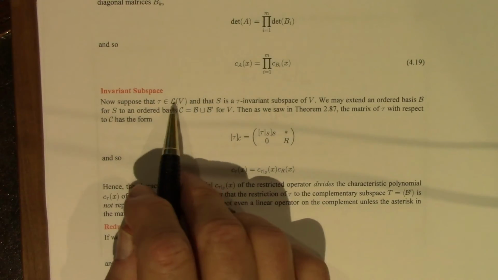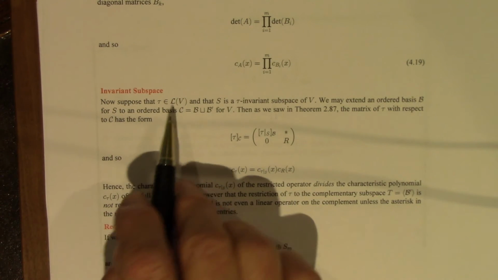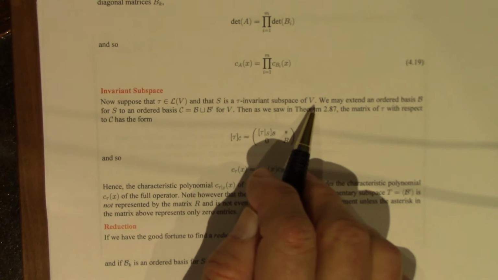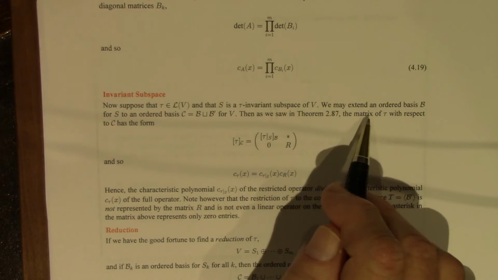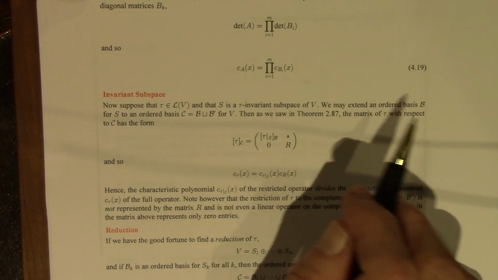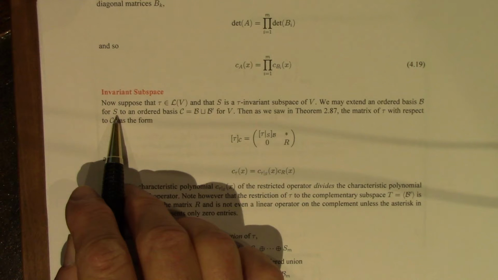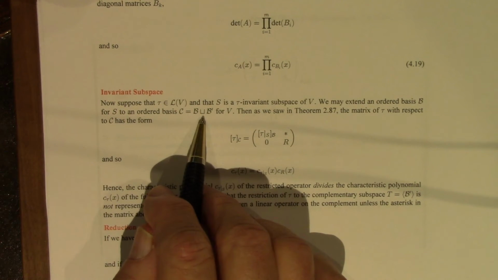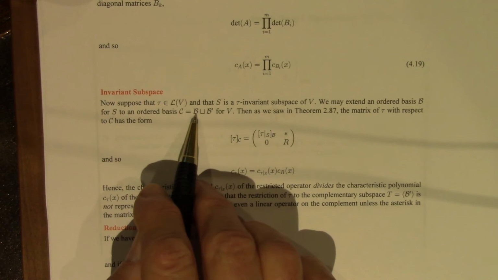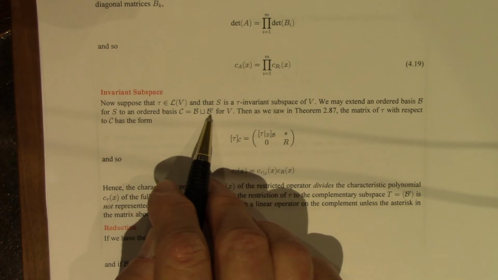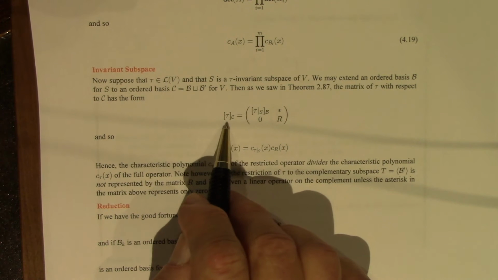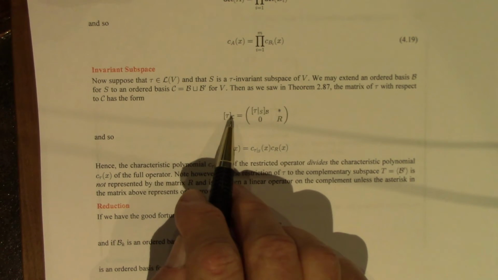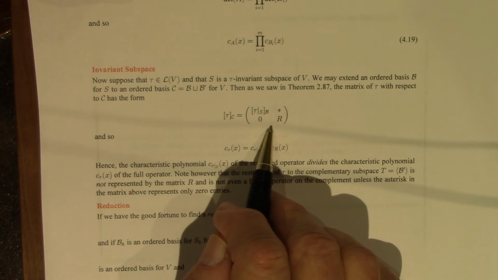So now suppose we have a linear operator tau and S is a tau invariant subspace of V. Then we can extend an ordered basis B for the invariant subspace to an ordered basis for the full space by tossing in more vectors B prime. And as we have seen back in chapter 2, the matrix of tau with respect to the full basis looks like this.